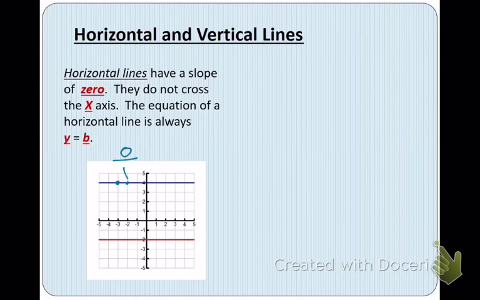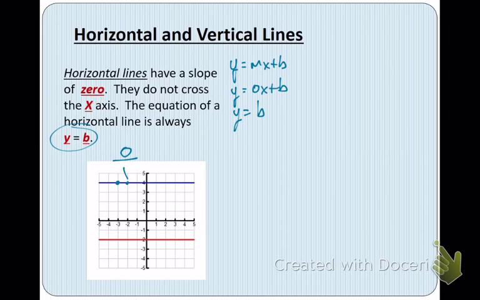Obviously, these horizontal lines are not going to cross the x-axis, and therefore that leads us to what the equation of the line should look like. Well, first of all, we know that in slope-intercept form, y equals mx plus b, if the slope is 0, which is what it is for a horizontal line, 0 times x is 0, 0 plus b is b, so our equation simplifies down to exactly what this says.